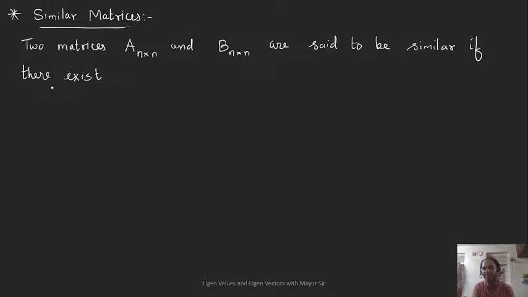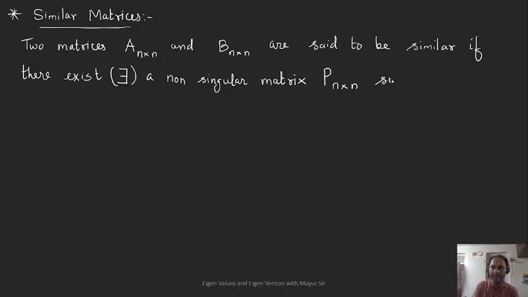Now in mathematics this word there exist is denoted by this symbol, reverse of E. You write this way: if there exists a non-singular matrix capital P n cross n such that A is equal to PBP inverse. This is the main definition.